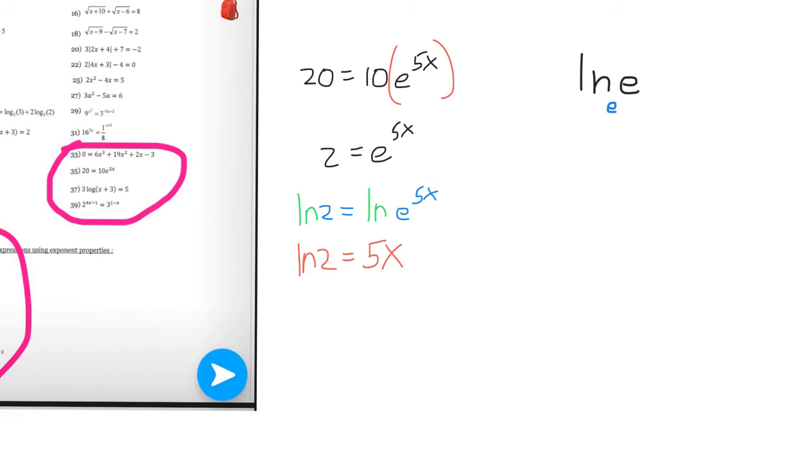And ln e, what does that equal? Well, that's code for e to the what power equals this. E to the what power equals this. Well, clearly, that is going to be 1.